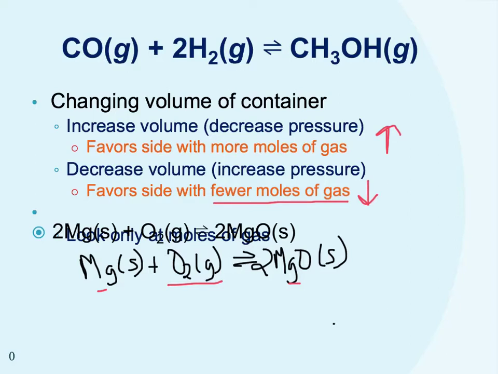So here I'm only looking at the moles of gas on the left. I have 0 moles of gas on the right and 1 mole of gas on the left. So as I'm looking at increasing volume and decreasing volume, I'm only worried about this oxygen. Because remember, changing the moles of solid or aqueous or liquids doesn't really have a significant effect on the pressure inside that container.